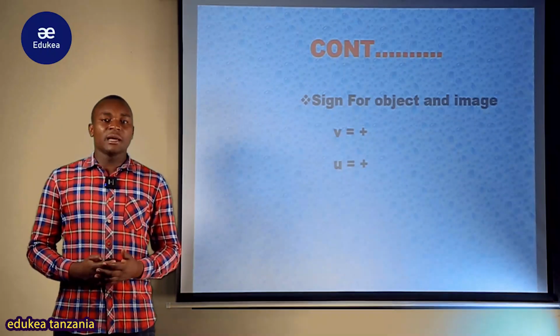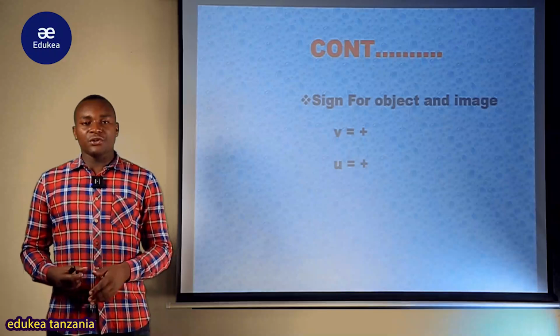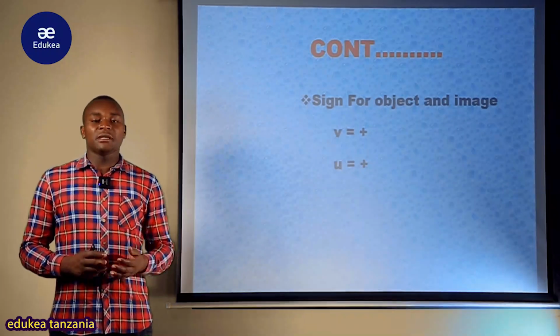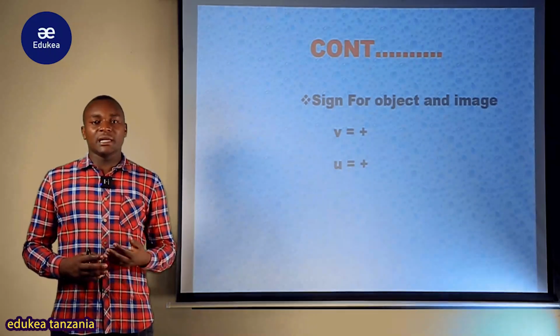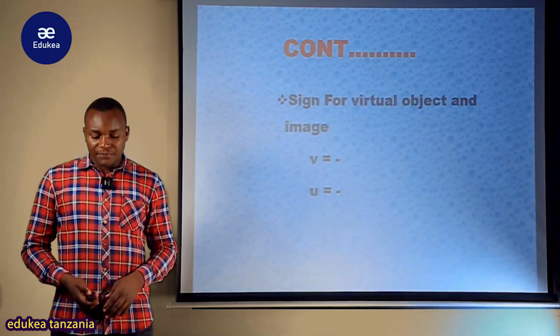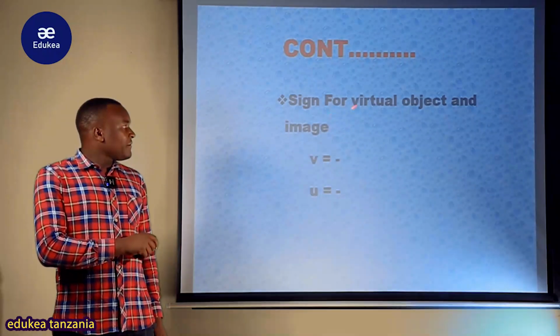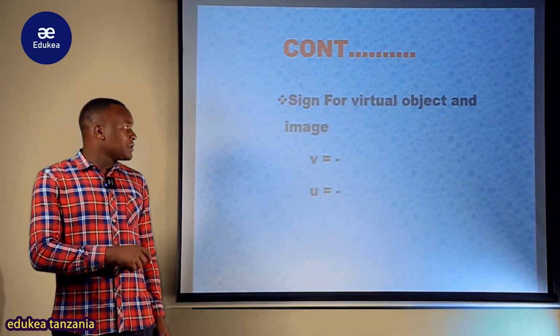Let's look when the image formed is visual. Tulishasema image formed ikiwa ni real inakuwaje na ikiwa ni visual inakuwaje. So sign for visual object and image.